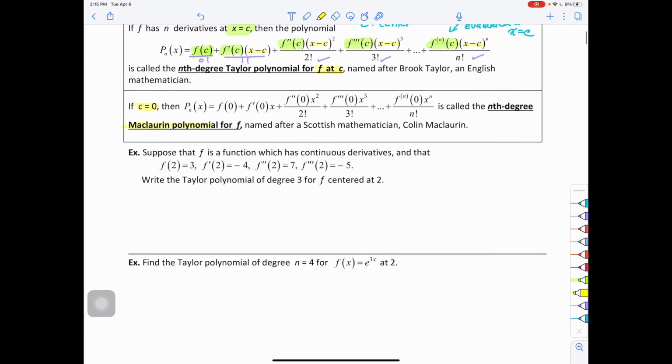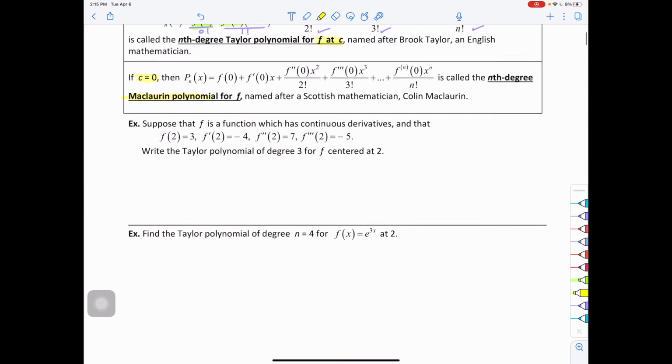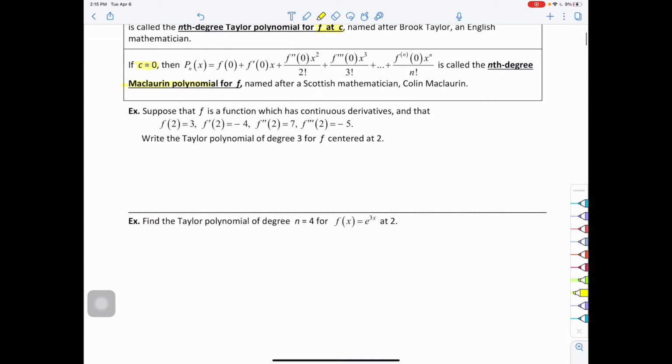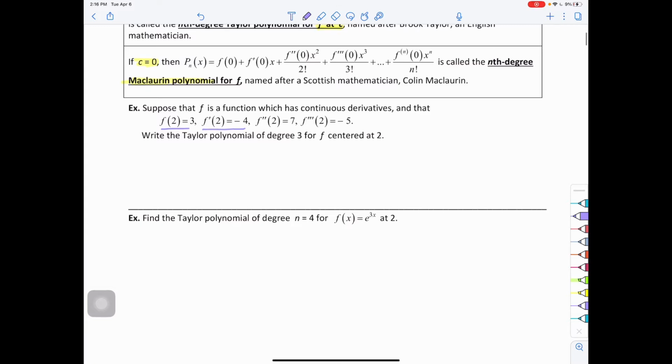So let's just jump right in. Suppose that f is a function which has continuous derivatives, and they actually give us these function values. f of 2 is 3, f prime of 2 is -4, f double prime at 2 is 7, f triple prime at 2 is -5. Write the Taylor polynomial of degree 3 for f centered at 2, okay?